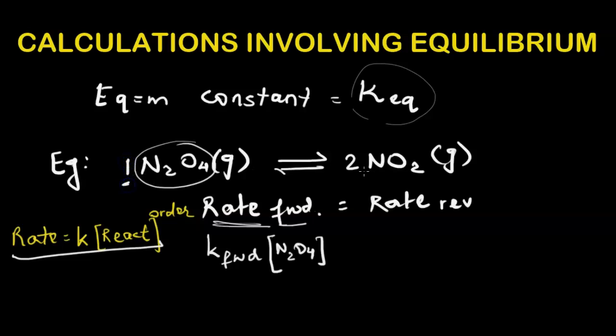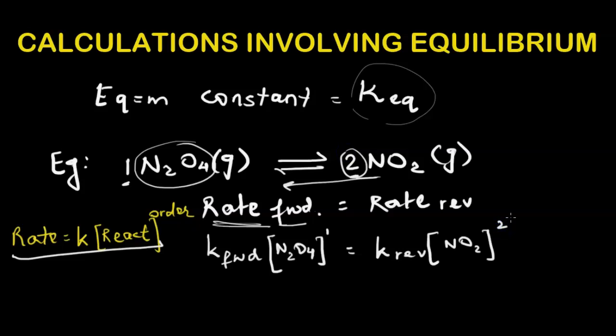These balancing moles are also called stoichiometric coefficients, so we would write it down as raised to the power of 1. Similarly, the rate law or rate equation for the reverse reaction is when 2NO2 is going to give us N2O4. So we would write down k reverse, concentration of NO2 raised to the power of stoichiometric coefficient of 2.